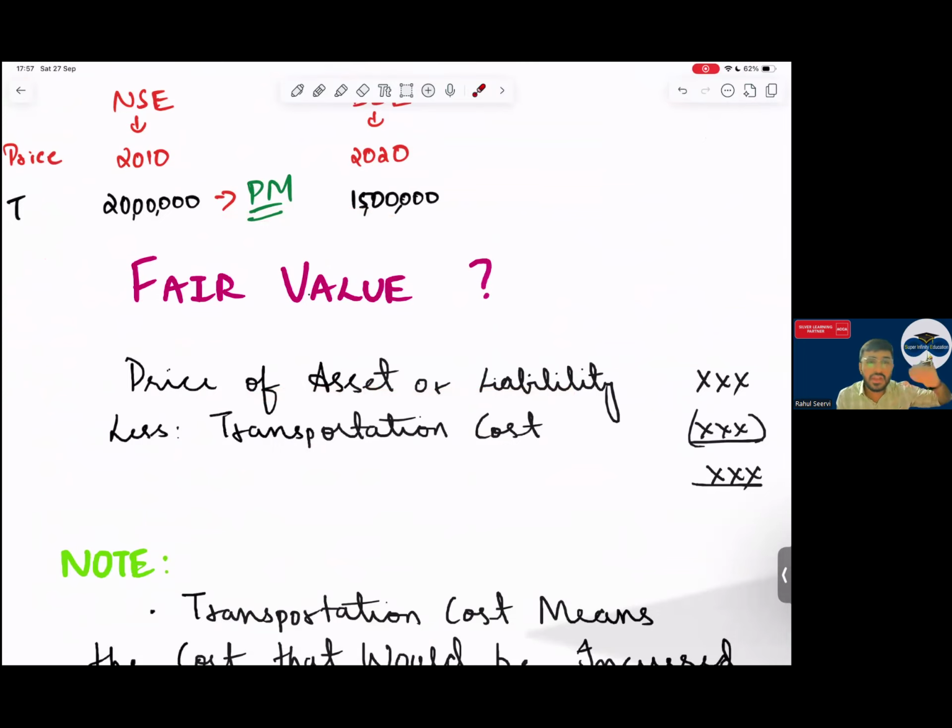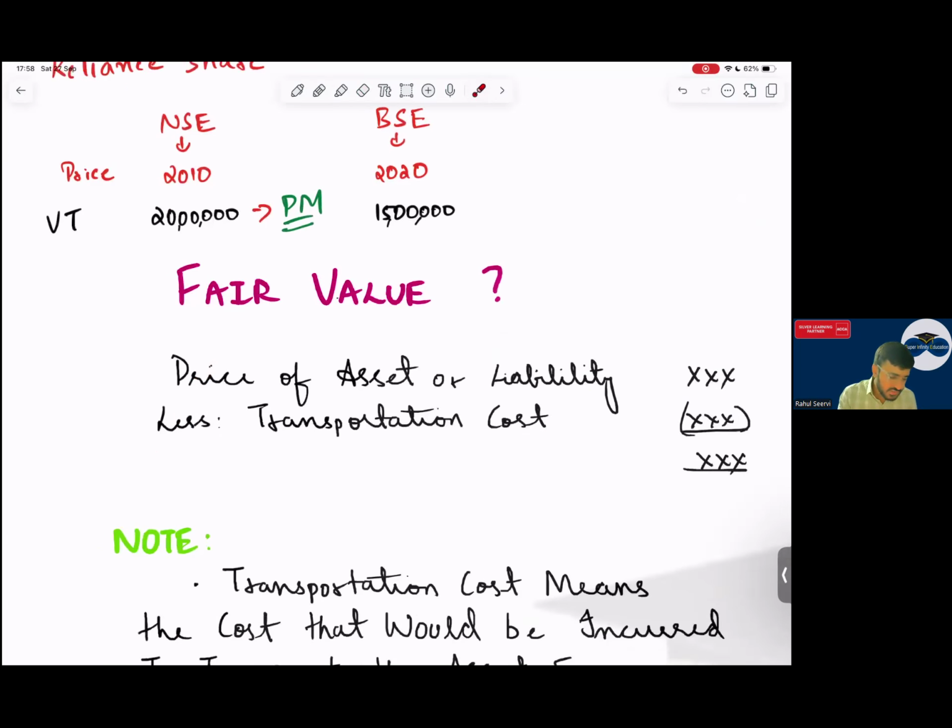What is the reason? Transaction cost is not considered because it is entity specific, whereas transport cost is based on the market perspective. If I want to transport a machine from this location to the market, it's market specific. So transportation cost is market specific, whereas transaction cost is entity specific, and it will not be considered for fair value calculation for the principal market.